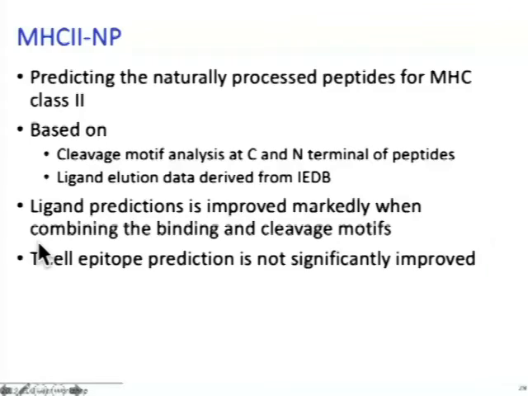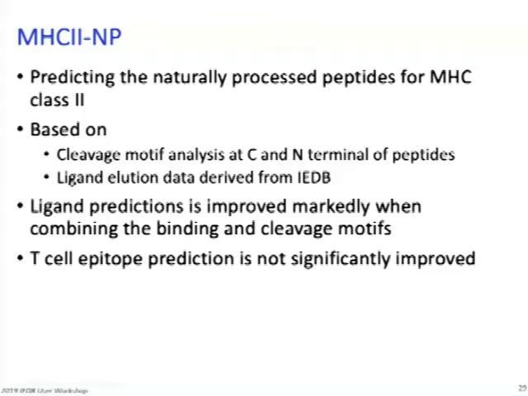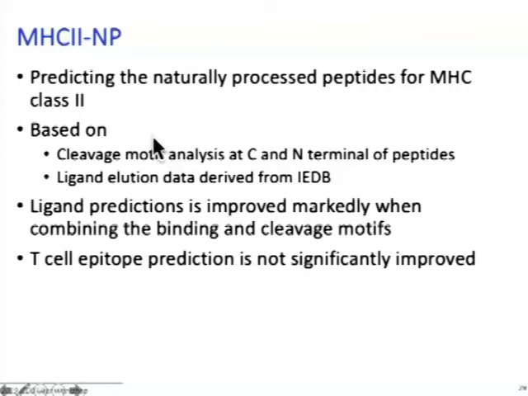So for processing for class 2, we looked for essentially the ends of peptides that have been identified by MHC class 2 ligand elution assays. When we look at them, we find a very clear cleavage motif that indicates that there are specific proteases in the lysosome that are responsible for making these cuts. There are typical protease cleavage sites that are highly enriched at the ends of these peptides.